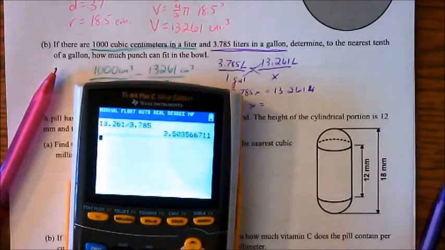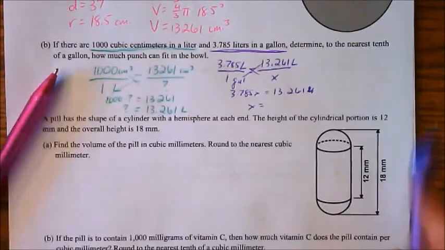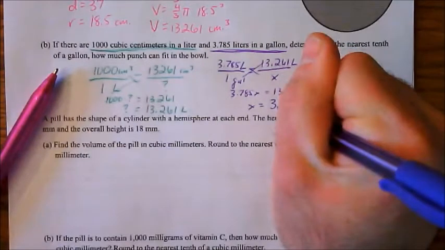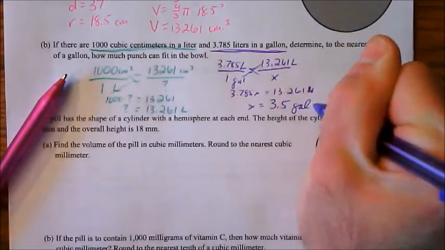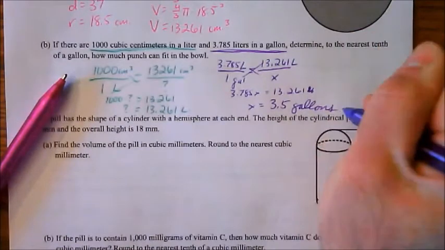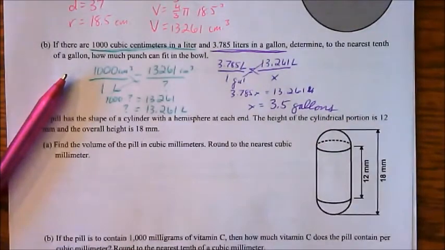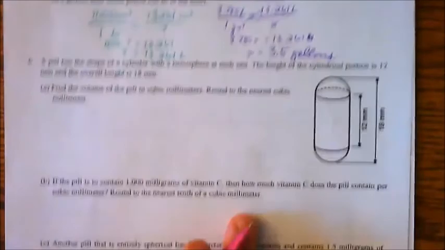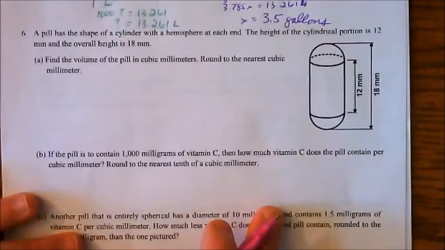So we got 1,000 cubic centimeters in 1 liter. Alright, so then 13,261 cubic centimeters is how many liters?